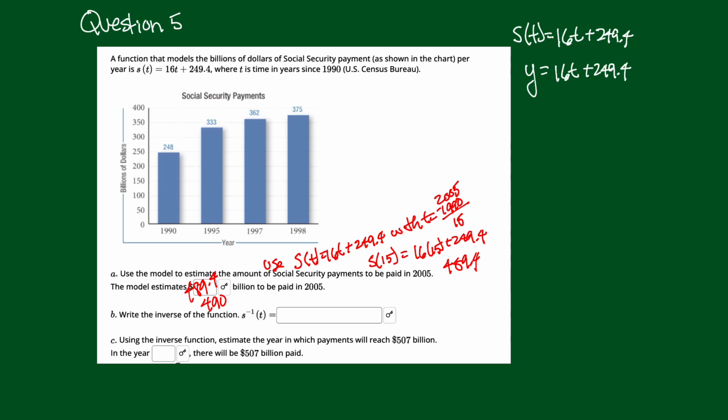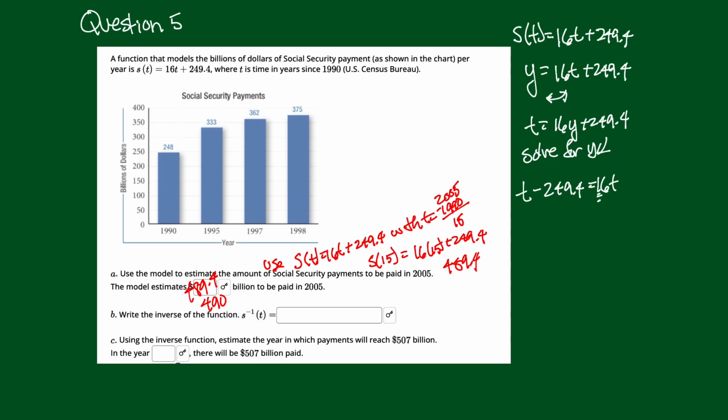Now interchange those. So I'll get t is equal to 16y plus 249.4. Now I'm going to solve for y. All right, so first up, why don't we subtract that 249.4? So I'll get t minus 249.4. That's equal to 16y.